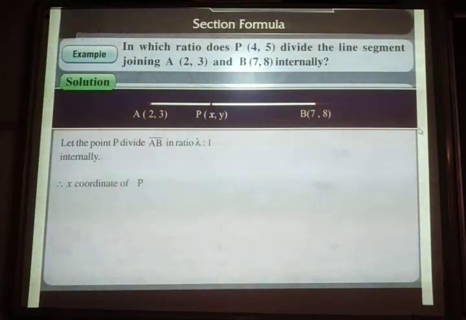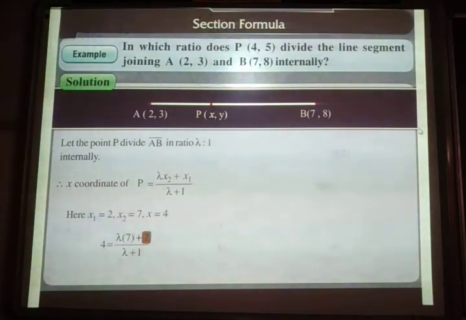Therefore, x coordinate of P is equal to (lambda x2 plus x1) upon (lambda plus 1). Here x1 is equal to 2, x2 is equal to 7, x is equal to 4.